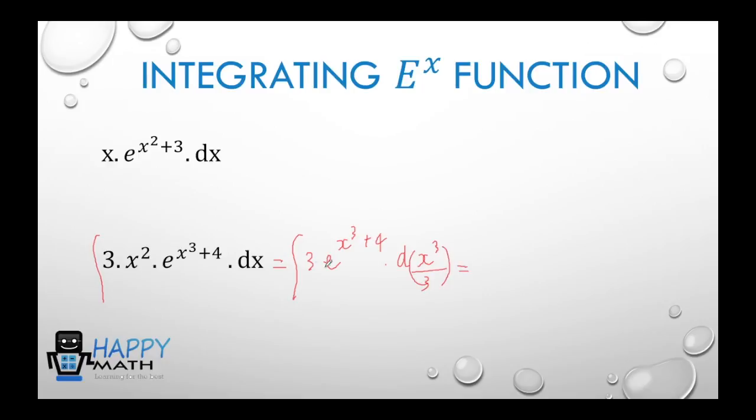Divided by 3 here is canceled by the 3 outside, so it equals 1. e power h cubed plus 4 of d h cubed plus 4. The number is the same. So good.